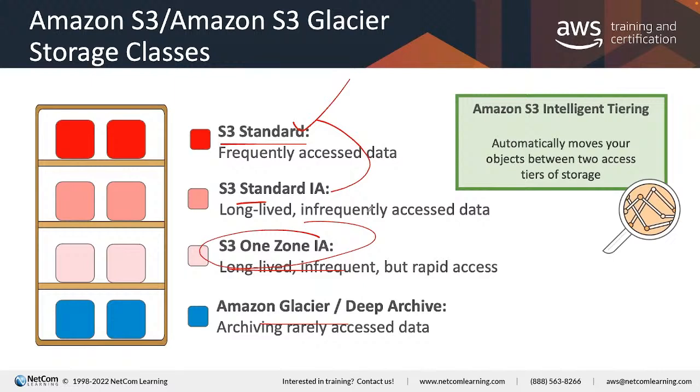So the key point, from the architecting point of view, is that if we use this tier, make sure that we can easily reproduce those data, because we have only one copy. If this copy goes down, you lose your data. The price is cheaper than Standard IA. You get immediate access. However, you have one single copy. Among all the tiers, only this one has just a single copy.